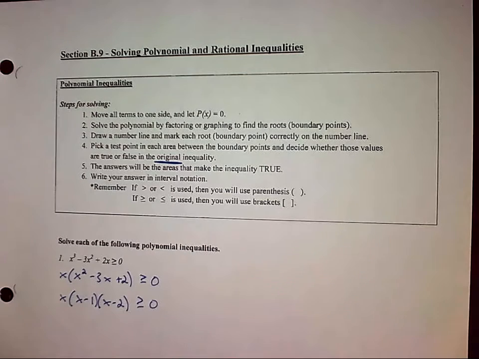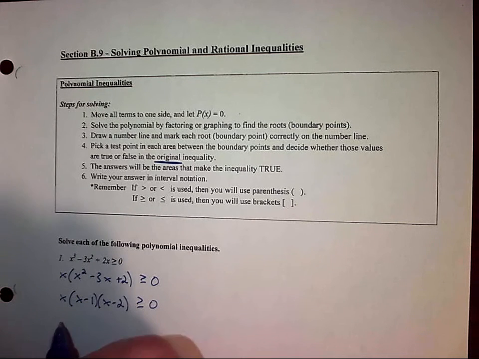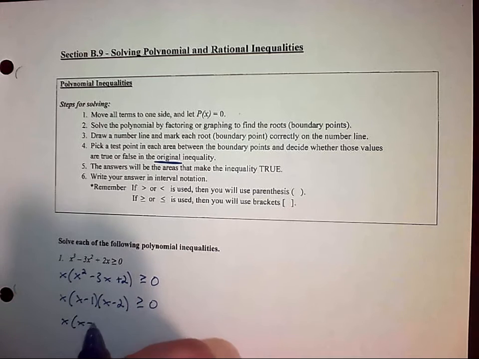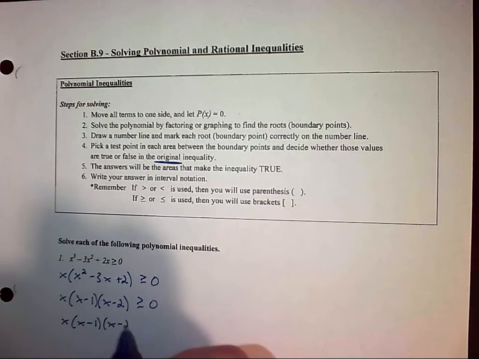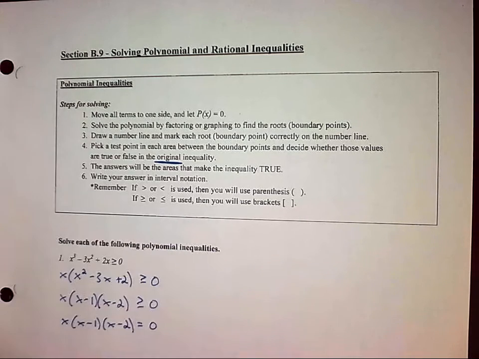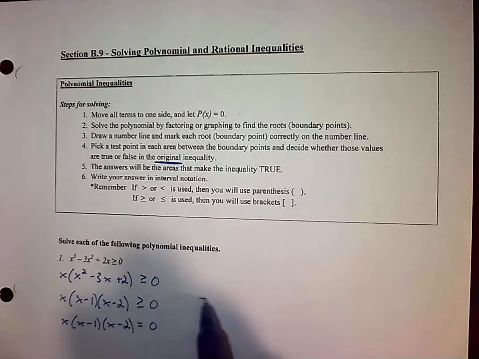All right, so far we haven't done anything new, right? This is the stuff that we could do in previous sections. But now what we're going to do is figure out which values are going to make each one of these factors equal to 0. Well, we know that 0 is going to make it equal to 0, so we're going to put these on a number line.